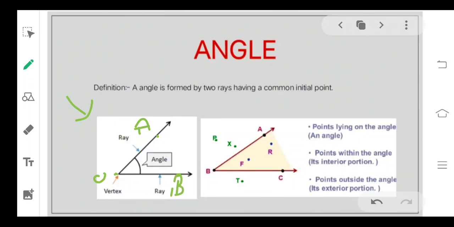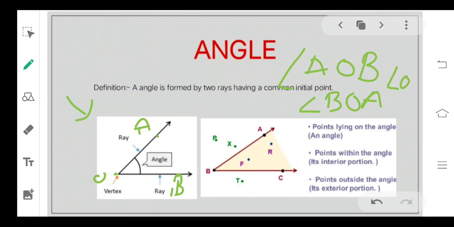So we are able to call this angle AOB. Next, angle BOA, and the next one is angle O. Students, the portion between the two arms is called the interior and the portion outside the two arms is called the exterior. In this adjoining figure, you get a better idea.